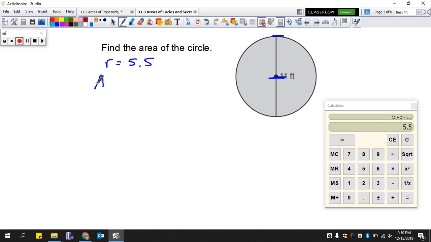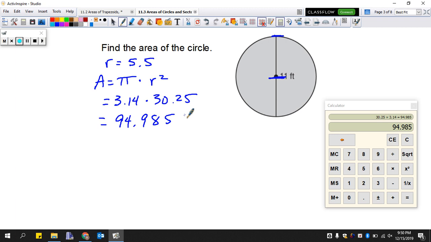The area is equal to pi times the radius squared, which is 3.14 times 5.5 squared, which is 30.25. When we multiply 30.25 times 3.14, we end up with 94.985 square feet.